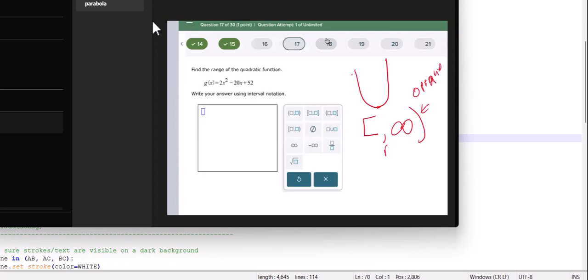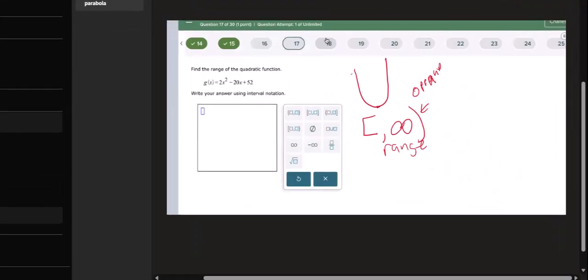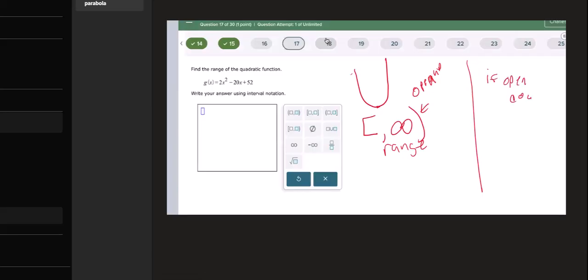Your range will look like that. If your parabola opens down, which this one does not, your range would look like negative infinity to some point, and that point is going to be your vertex. So you have to find your vertex.